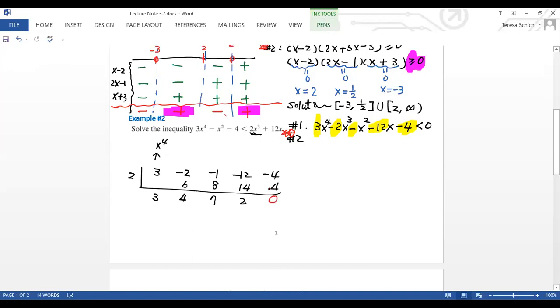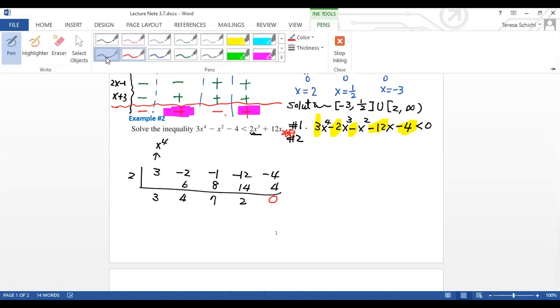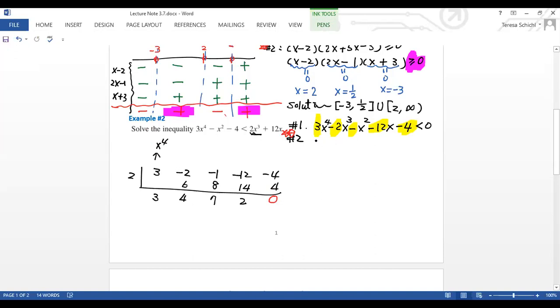Okay, so that's great. Now I can factor this one to be x minus 2, then this one drops 1 degree. So this will be 3x cubed plus 4x squared plus 7x plus 2.